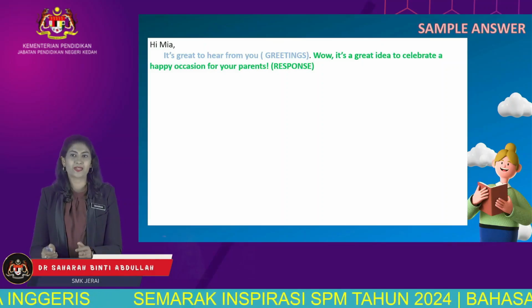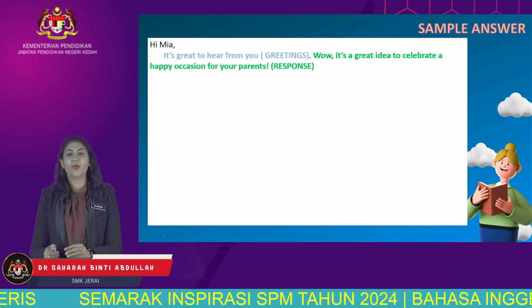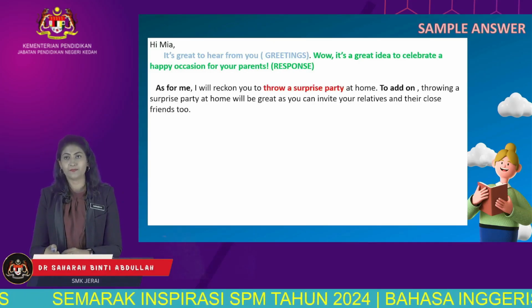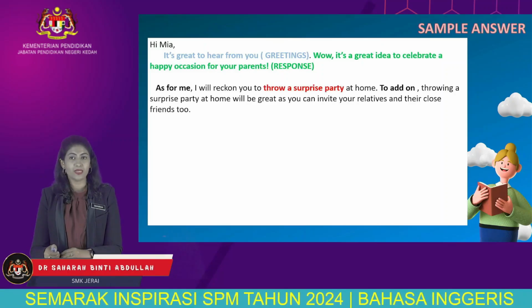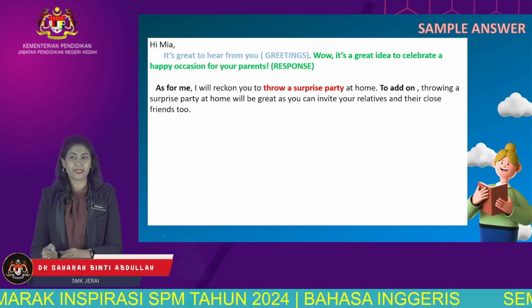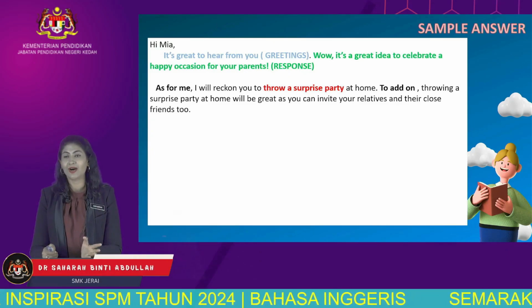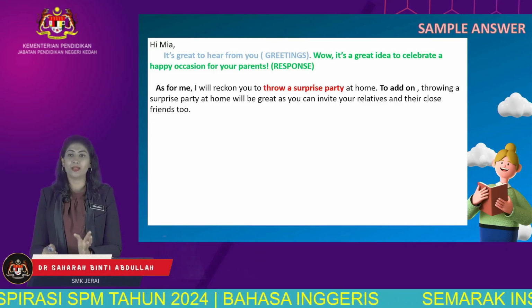Next, let's look at how to answer the question with some elaboration. "As for me, I will recommend you to throw a surprise party at home." Look at how the cohesive devices or the linkers have been used.